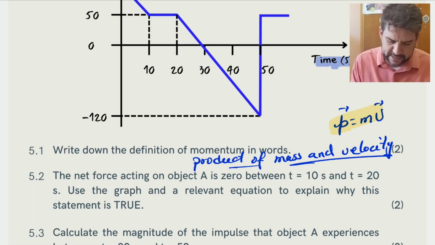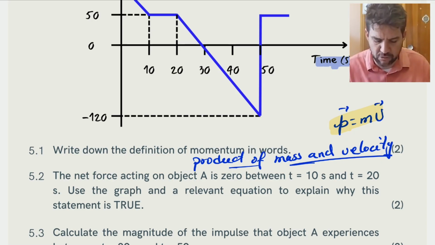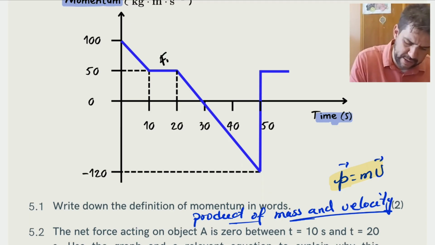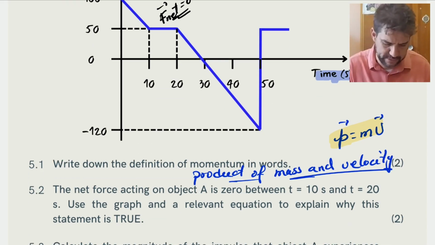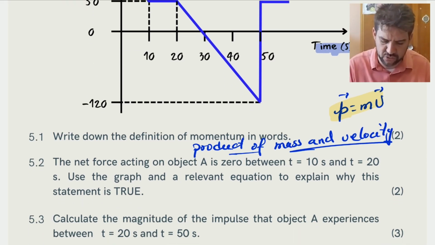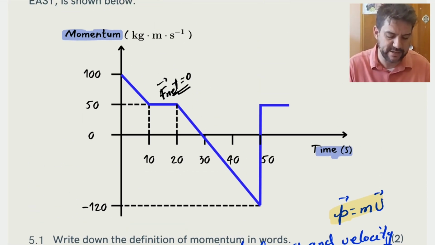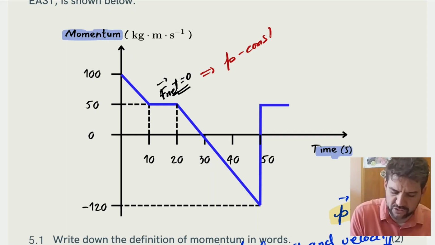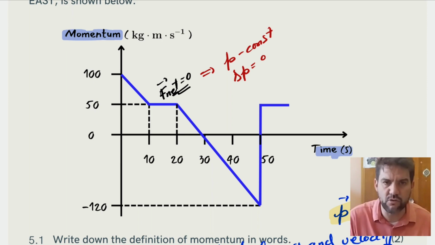If the net force acting on object A is 0 between t equals 10 seconds and t equals 20 seconds, they are telling you that at this time the net force is equal to 0. Now they say use the graph and relevant equation to explain why this statement is true. At that specific point, momentum is constant. If momentum is constant, it means that the change in momentum is equal to 0.